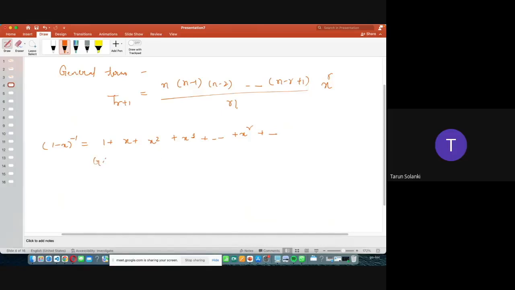Its general term becomes t(r plus 1), which is x to the power r. Now if you go for (1 plus x) to the power minus 1, it is 1 minus x plus x square minus x cube, and this goes up to minus x to the power r. So its general term t(r plus 1) will become minus x to the power r.